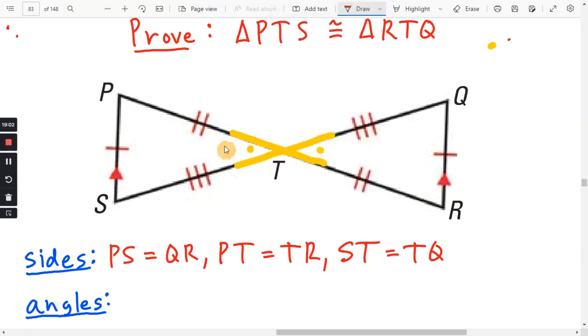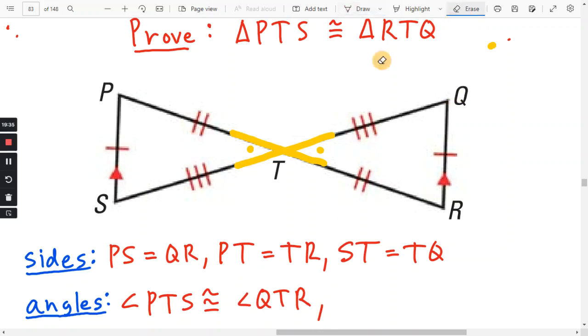So this angle is going to be angle PTS, and it's going to match this one here, that's going to be angle QTR. I don't know why I put a comma there. Angle PTS is congruent to angle QTR.